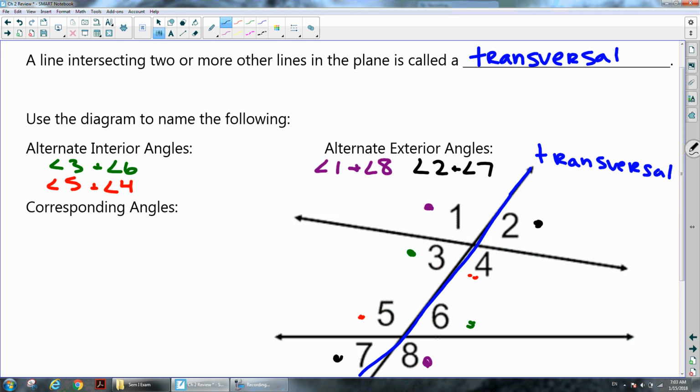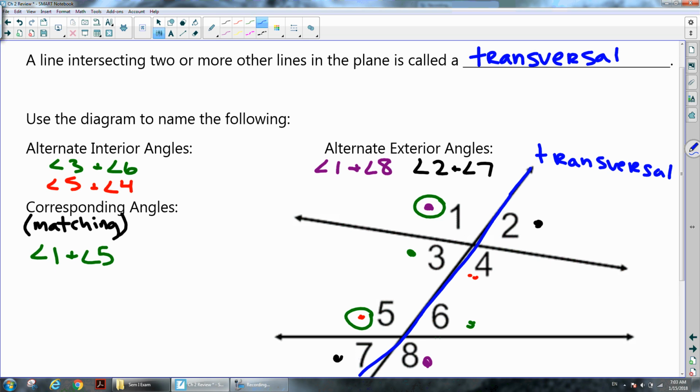And corresponding angles, those are in the same matching location. So if I look at this top line, angle 1 really is to the left of the transversal and above its line. Same with angle 5. They are corresponding. They're in the same matching location.